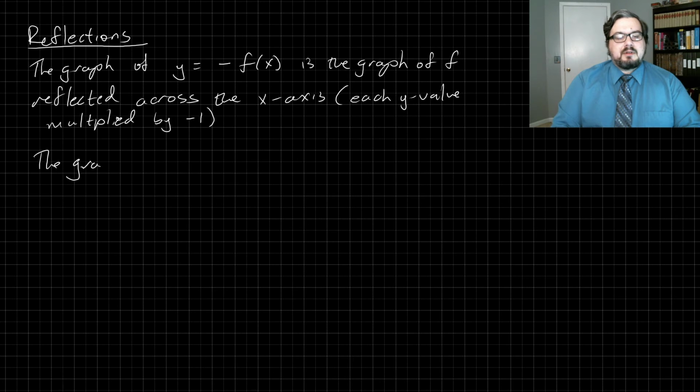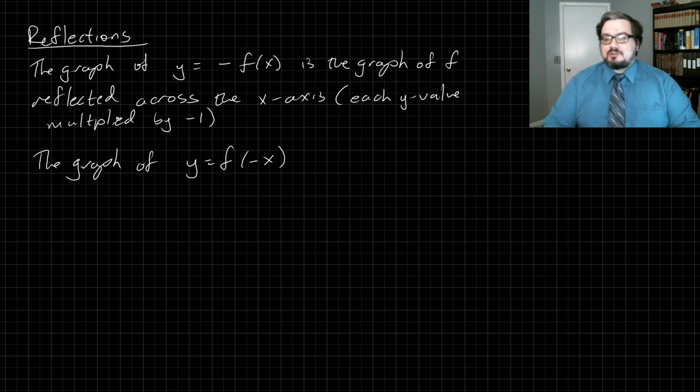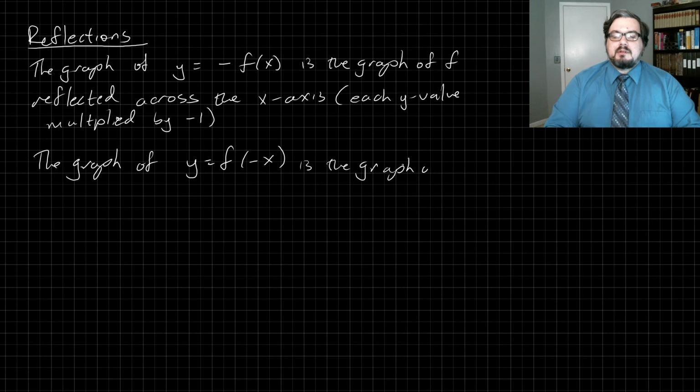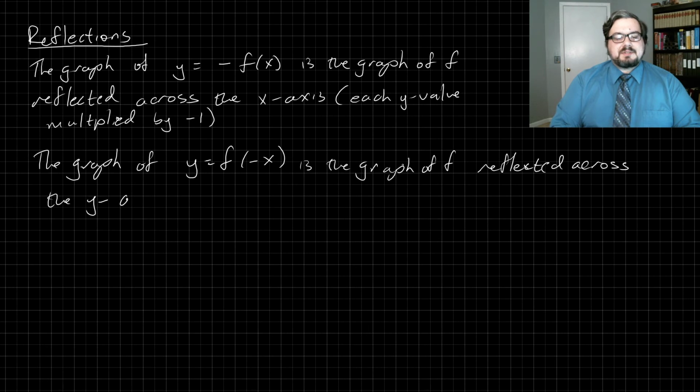The graph of y equals f of -x, where the negative happens inside the function, is the graph of f reflected across the y-axis. That is, with each x value multiplied by -1.